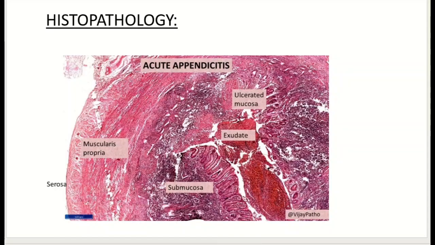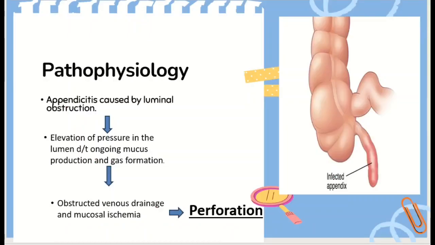Now coming to the pathophysiology, appendicitis can be non-obstructive or obstructive. But whatever is the reason, there is basically luminal obstruction. So in appendicitis, the lumen of the appendix is blocked, there will be elevation of pressure in the lumen because of the ongoing mucus production and gas production.